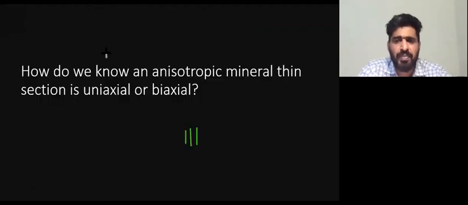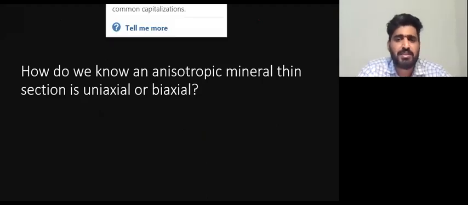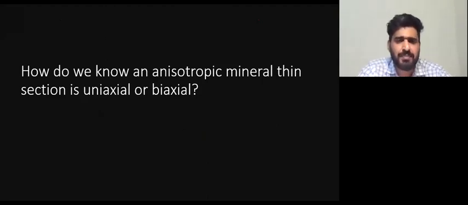How do we know whether an anisotropic mineral thin section is uniaxial or biaxial? Good question. If you study the mineral under thin section, under the crossed nicols, and it stays completely extinct, there are two possibilities.